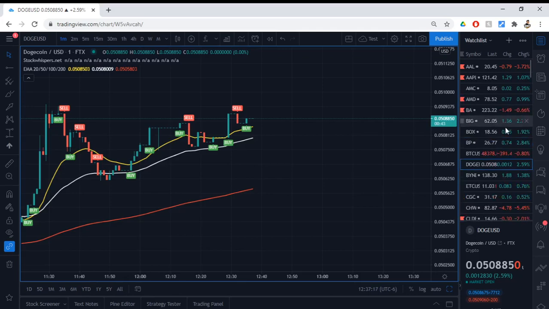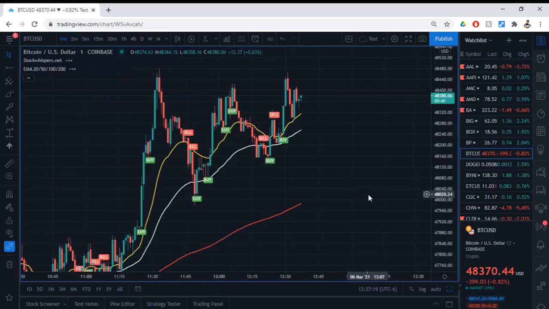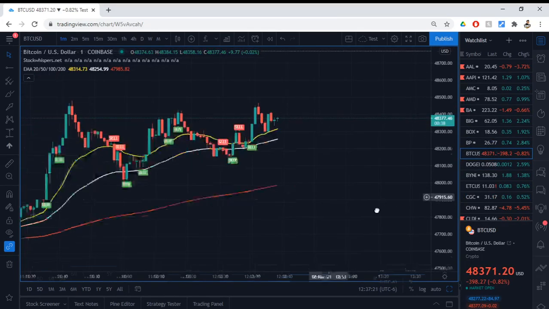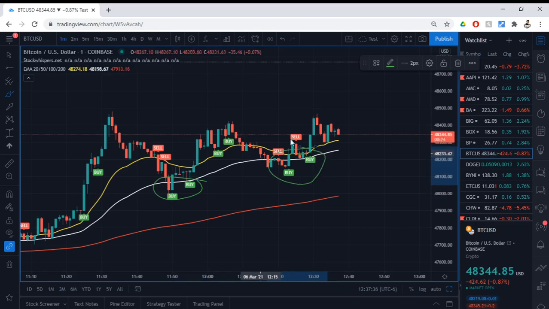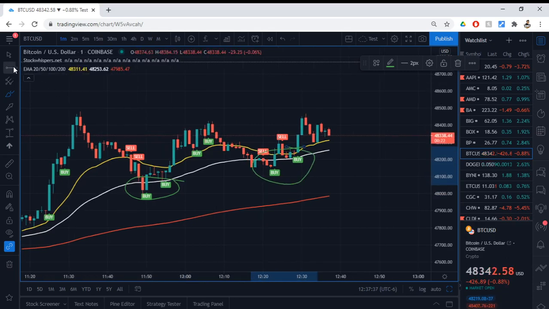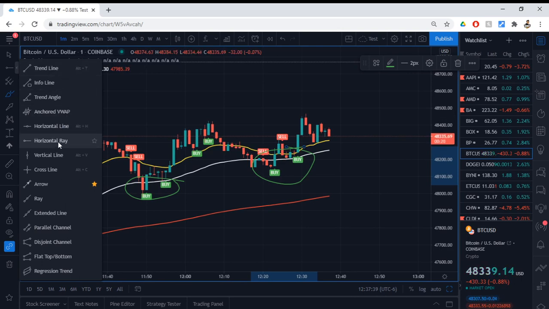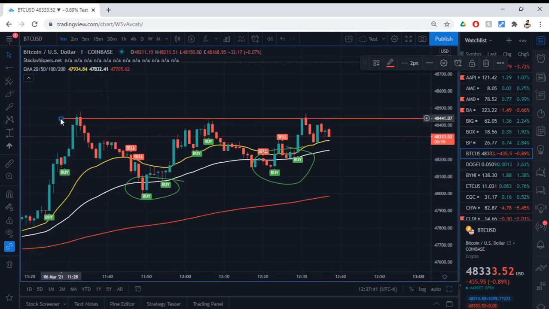Okay. So Bitcoin, all right? Look, this one worked a little bit. It was closer to here. This one worked, but reversed, and it came back to the 50. Went up, down, came back to the 50, right? We're looking here, and we're finding a little bit of resistance in this area.